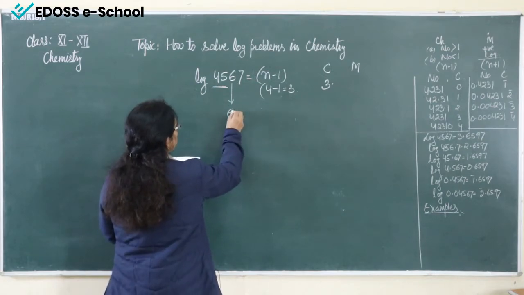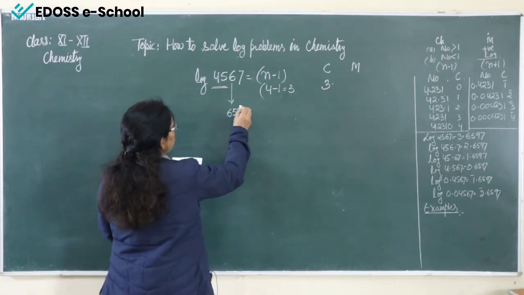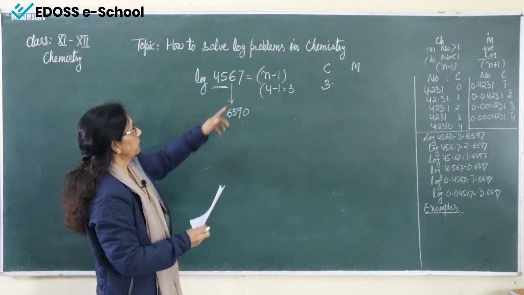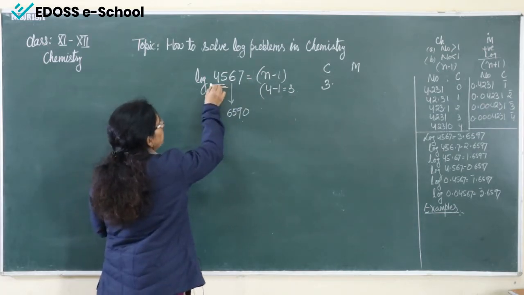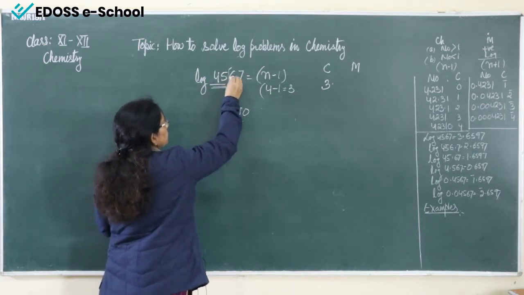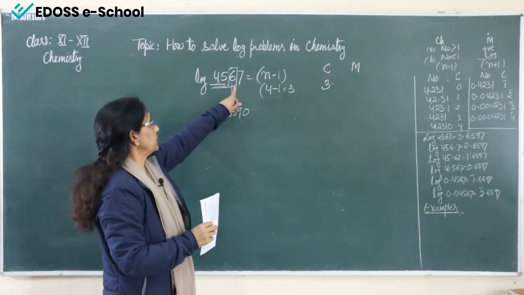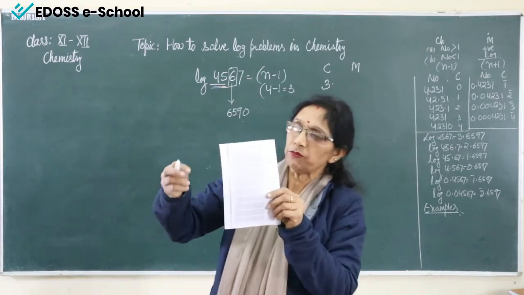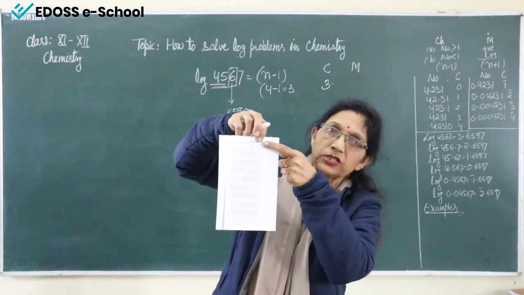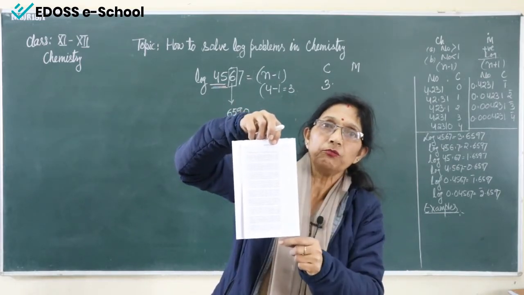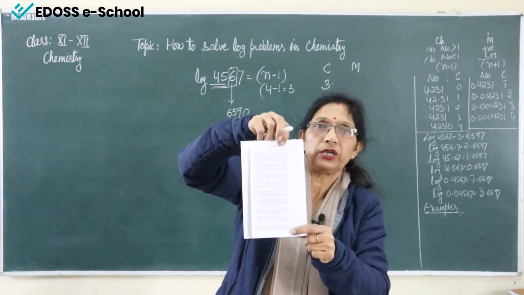So I'll write 6590. Now this 7 is left, because 45 I have seen at 6. So how to find the value of this 7? Now you can see this is the mean difference. So mean difference at 7 we have to calculate.